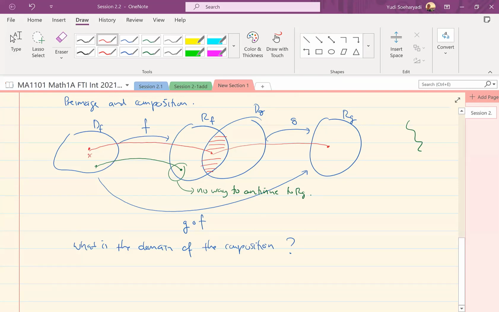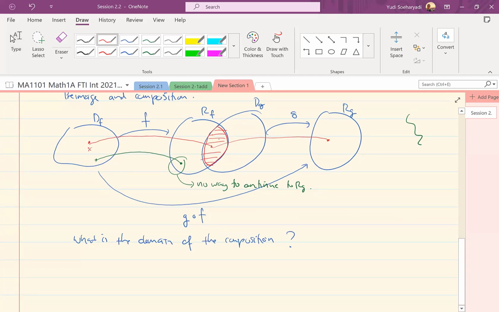Okay, so we need to find the preimage of this part under F. Okay, so look, this is the RF. There you go. This is the domain of G.